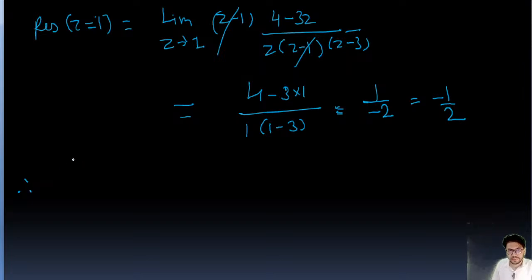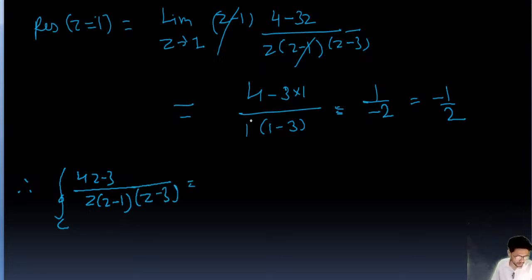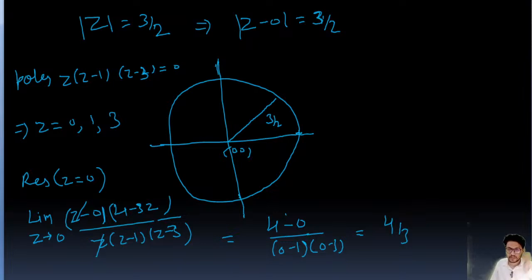So the value of the closed contour integration of (4 minus 3z) upon z into (z minus 1) into (z minus 3) is 2 pi I times the sum of residues, that is the residue at z equal to 0 and the residue at z equal to 1.